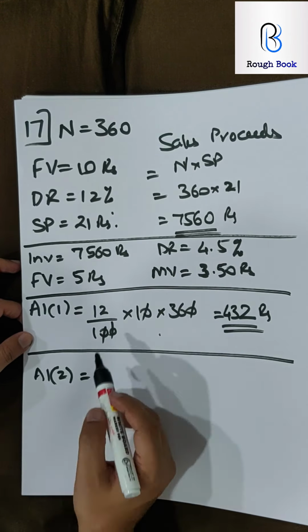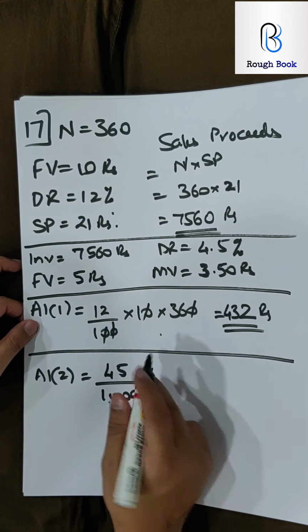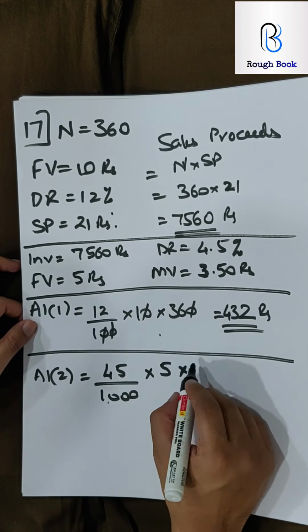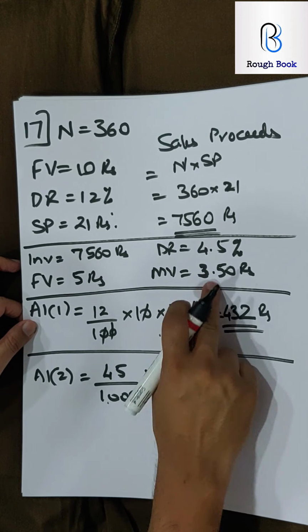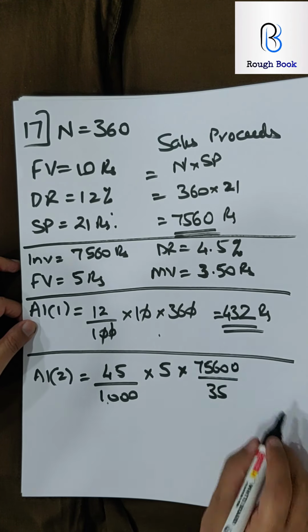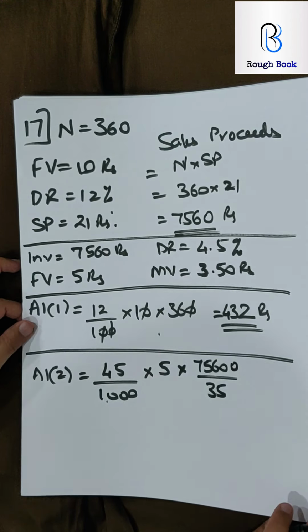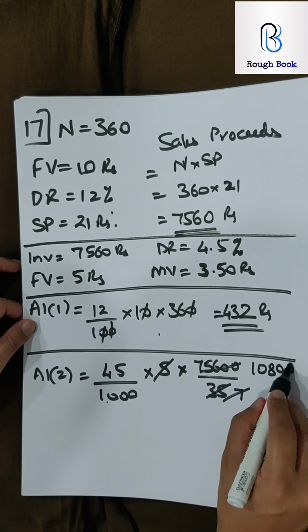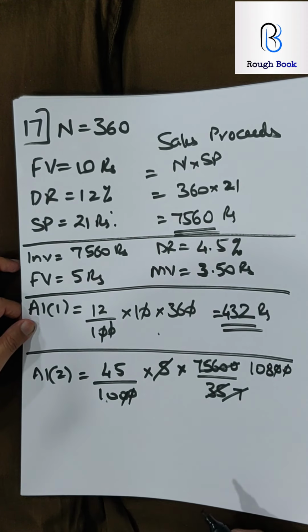So the second company, dividend rate 4.5. So I am writing upon 1000, getting rid of the decimal, into face value which is 5. Number of shares unknown, so investment upon market value. I am writing 35 and adding a 0 on top, so we get rid of the decimal. Is that clear? Both the zeros get cancelled here.